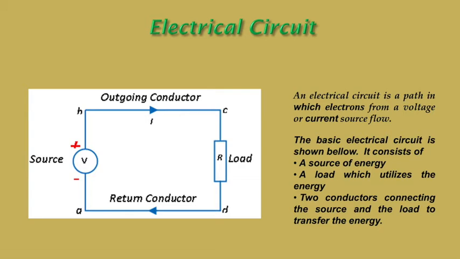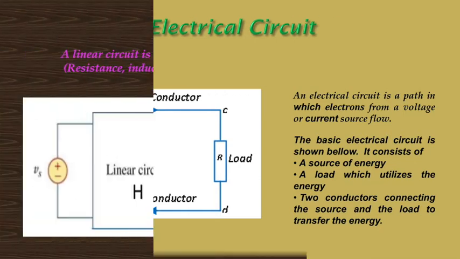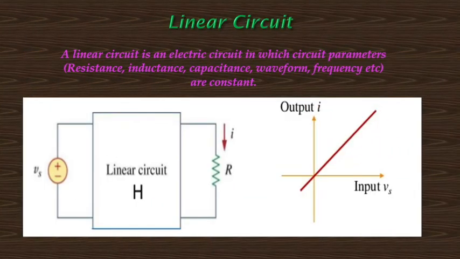The terminal of the source through which the current leaves is called the positive terminal, and the terminal through which the current enters the source is called the negative terminal. Linear circuit. A linear circuit is a special system whose output is directly or linearly proportional to input.